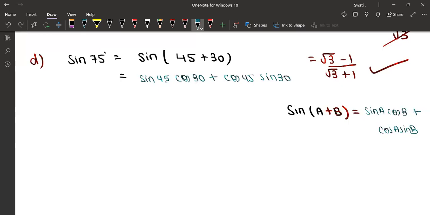Now the value of sine 45 is 1 upon root 2, the value of cos 30 is root 3 by 2, plus the value of cos 45 is 1 upon root 2, and the value of sine 30 is 1 by 2.